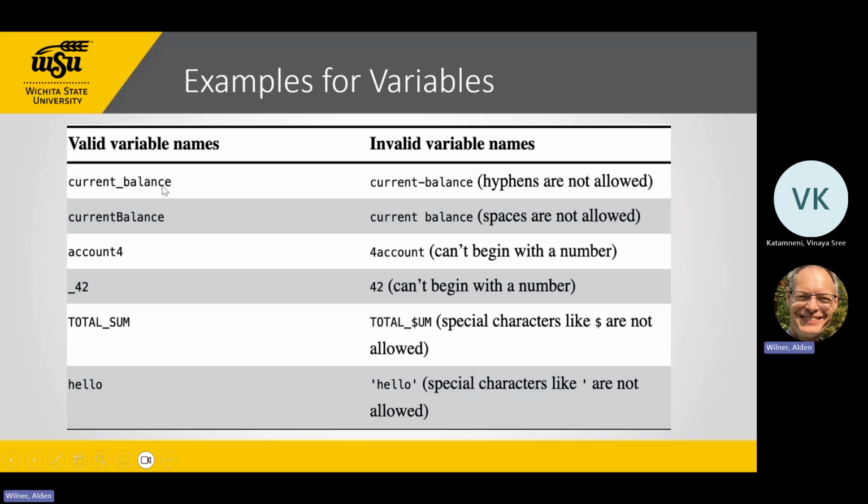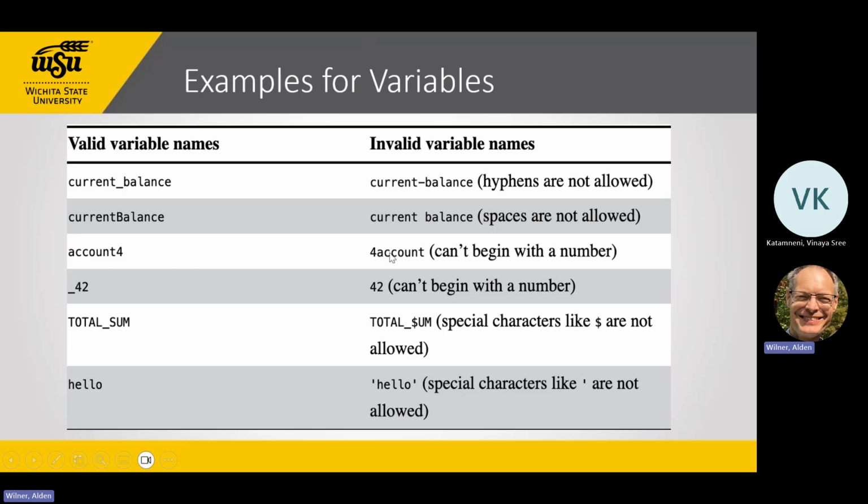Some examples of valid and invalid variable names. Current underscore balance is valid. Current minus balance is not. What is this? This is trying to subtract whatever is in the variable balance from the variable current. Hyphens are not in the variable name, it's separate. Current balance with a space, again, those are just listing two variables. Those are not allowed in a variable name.